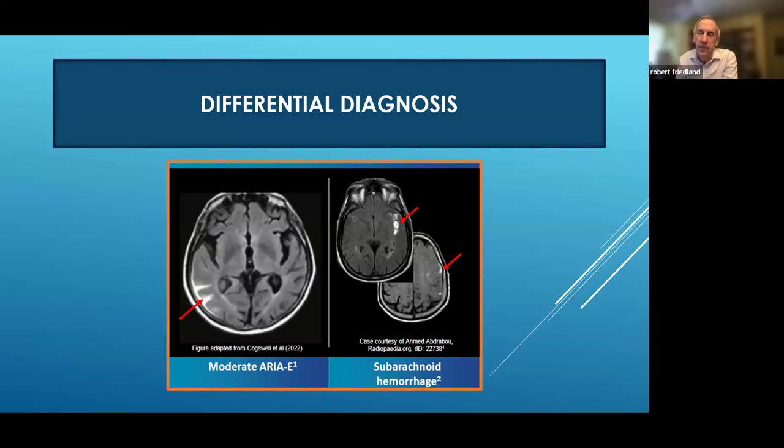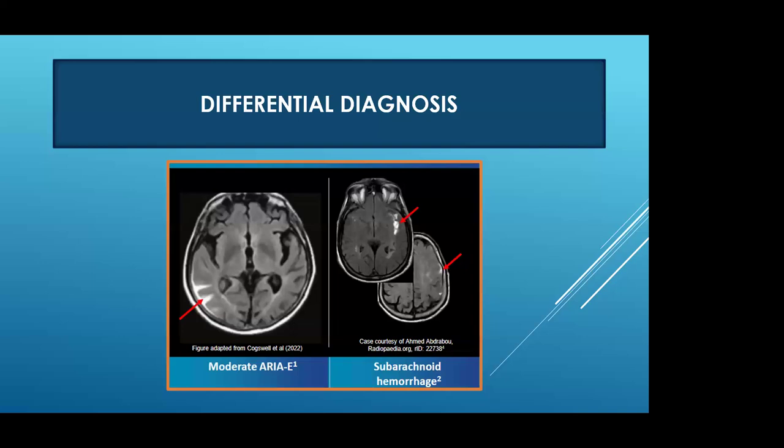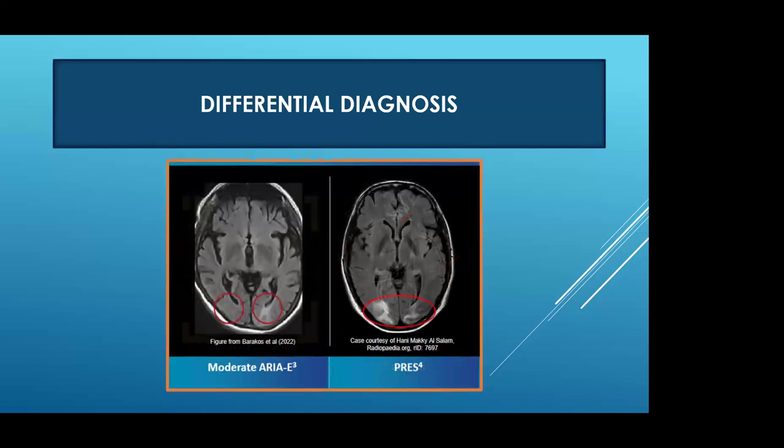All right, and so again, another of the images that you should also consider in the differential diagnosis would be posterior reversible encephalopathy syndrome. If you look at the two of them, you'll see how each one is kind of similar to the other.